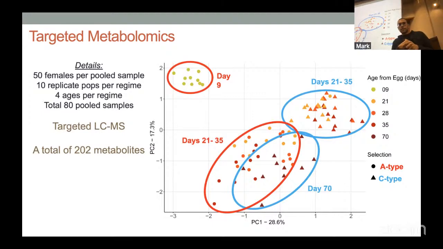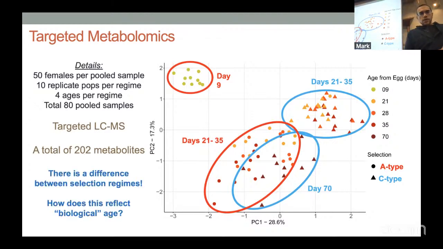So this is our initial suggestion that the metabolome is capturing true signals of the physiological state of the population and representing their age in some way, right? So there's a difference. And then we wanted to ask this deeper question: can we actually quantify or really test this apparent idea that the metabolome is capturing true signals of biological age?